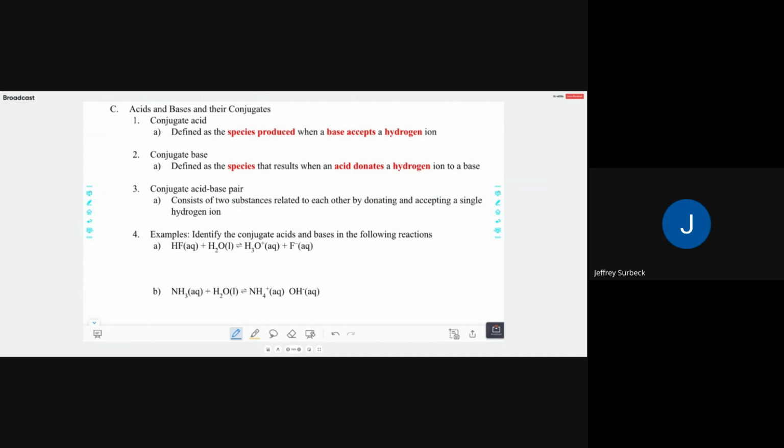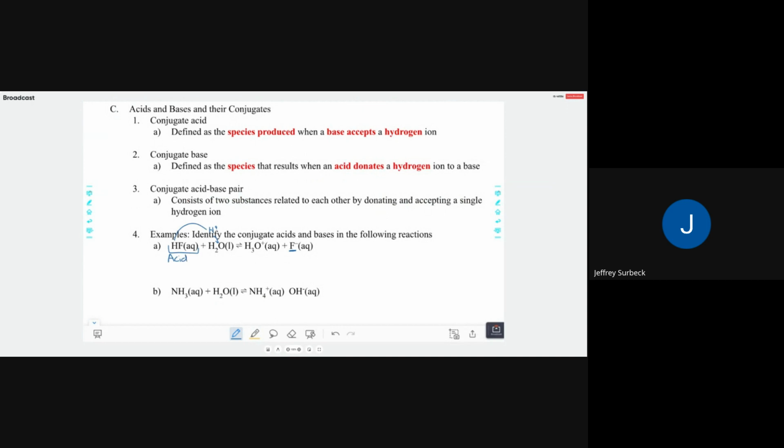So if we look at HF, we find it on the other side. I say, hey, always try to find something that's really, really similar to F. It's either gaining an extra H or losing. Well, check this out. F minus, it lost an H. This means that the H plus gets donated to the H2O. Therefore, because HF gave away its H plus, this right here is what we call our acid.